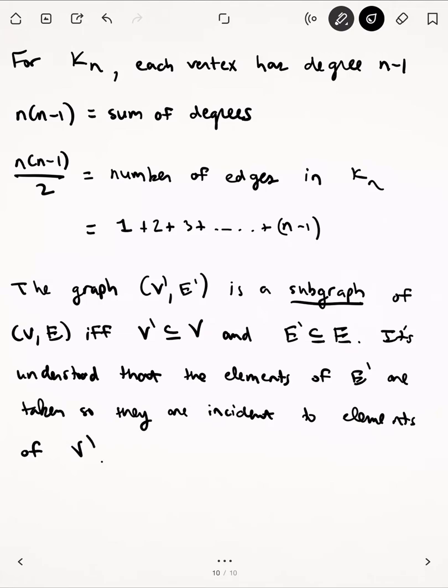So it doesn't make sense to take edges out of E which aren't incident to the vertices of V prime. And so it's understood when I take a subgraph that the edges in that subgraph are incident to the vertices in that subgraph.